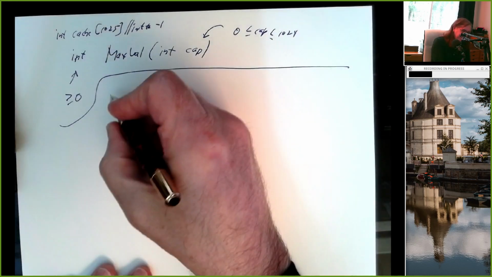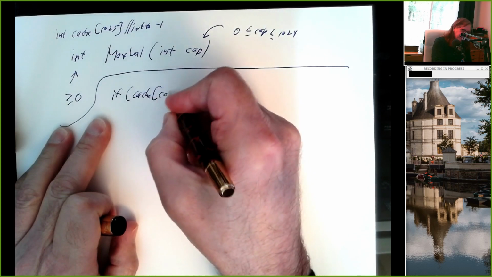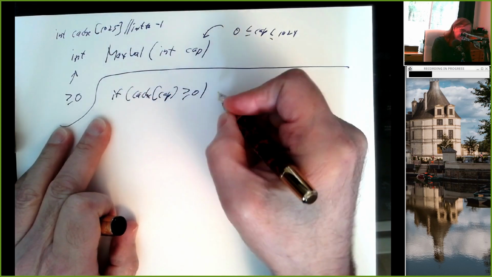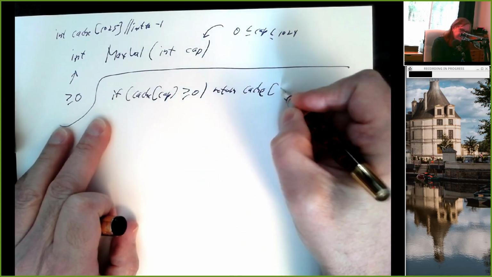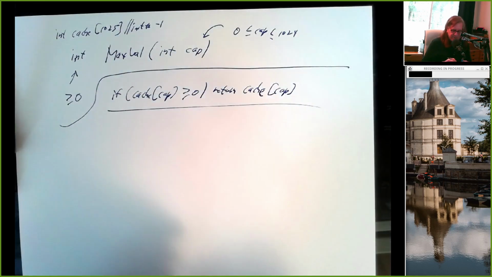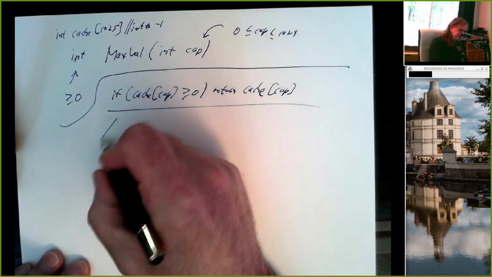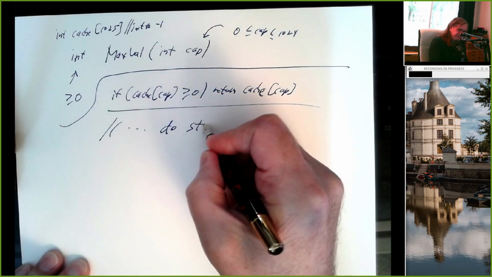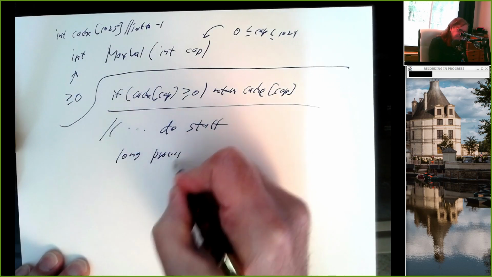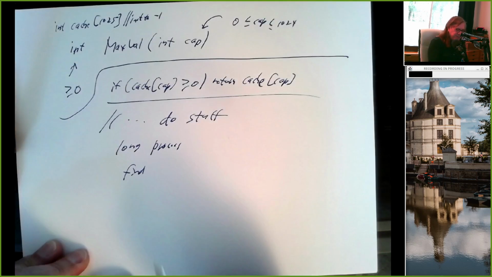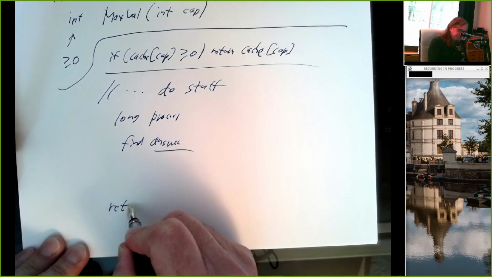So now in the beginning we can say something like this: if cache[capacity] is bigger than or equal to 0, just return that cached value. No need to do any recursion. Otherwise, do stuff. Go through the long recursive process, find the answer, and at the end we're going to return the answer.